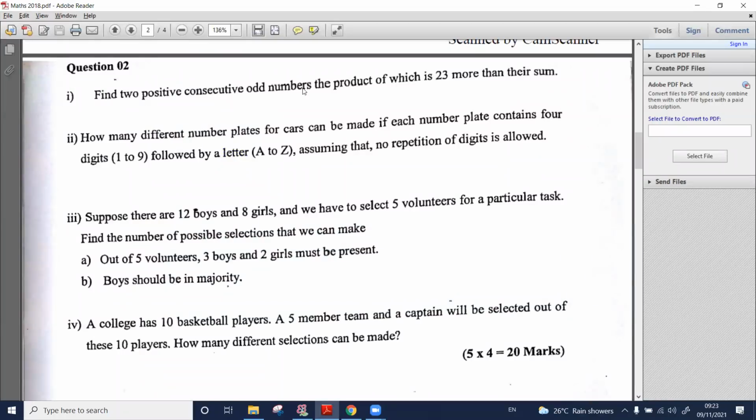Two positive consecutive odd numbers, the product of which is 23 more than their sum.